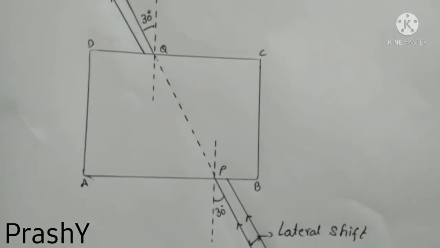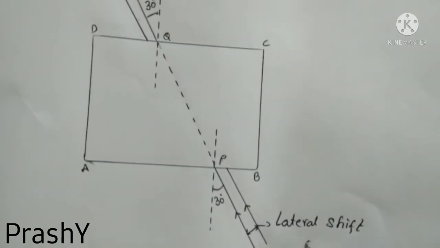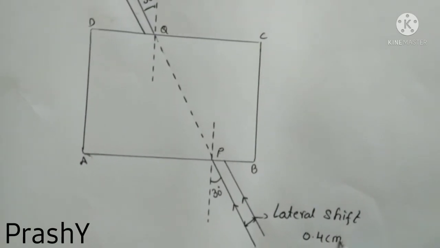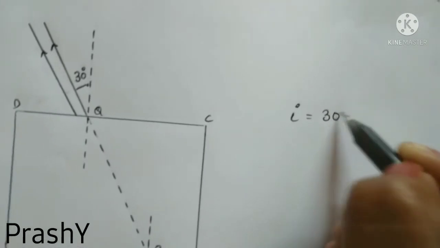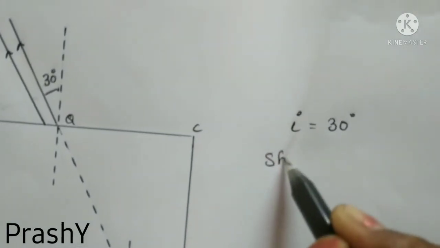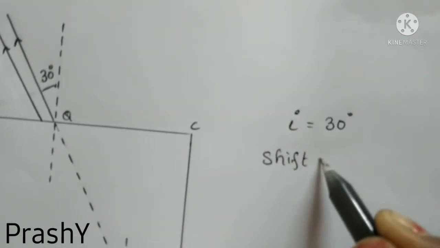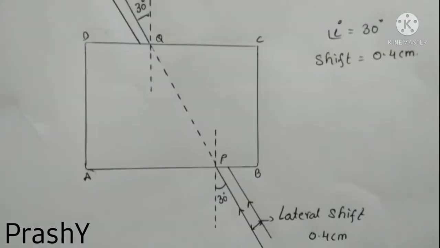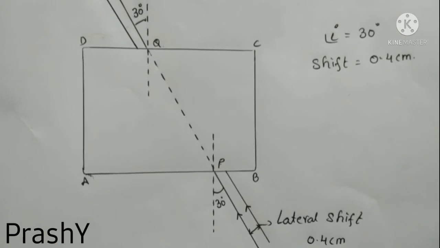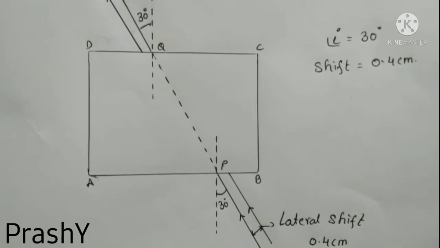On measuring, we have got 0.4 centimeters. So for an angle of incidence i equal to 30 degrees, we got the shift as 0.4 centimeters. Now repeat the same process with another angle of incidence, that is 40 degrees.